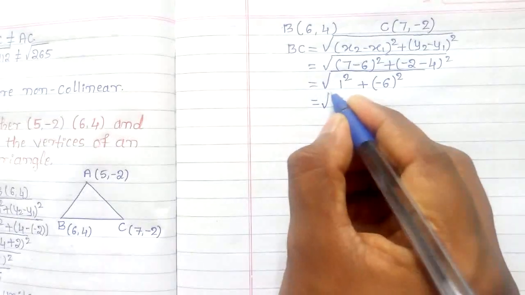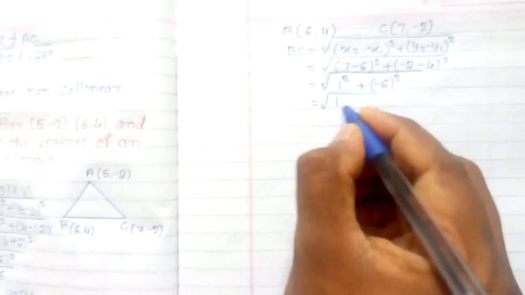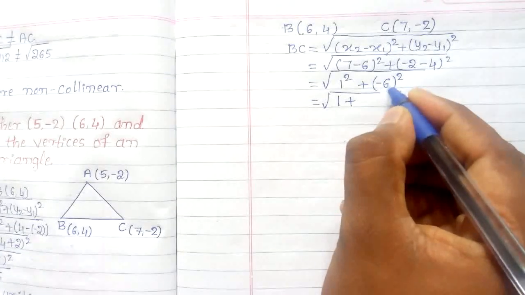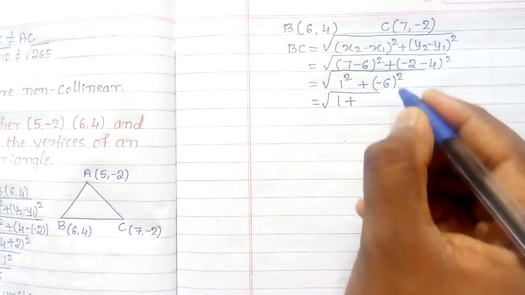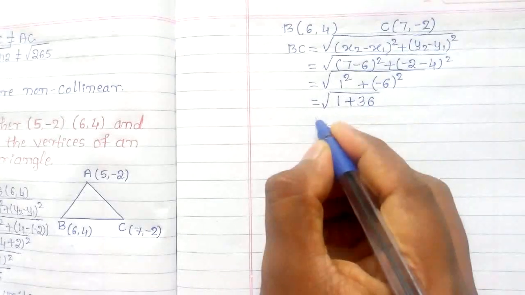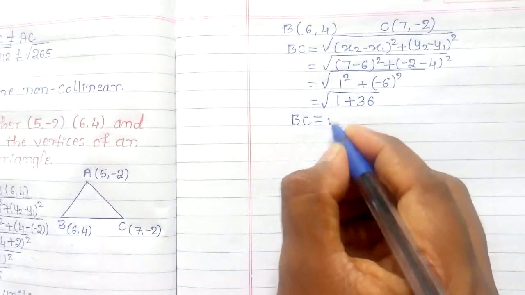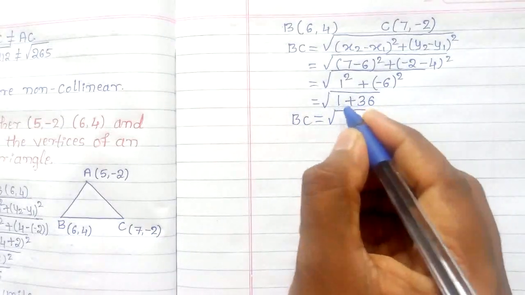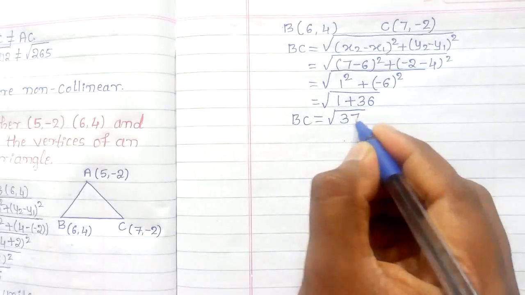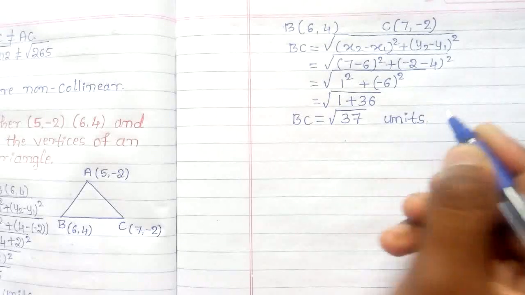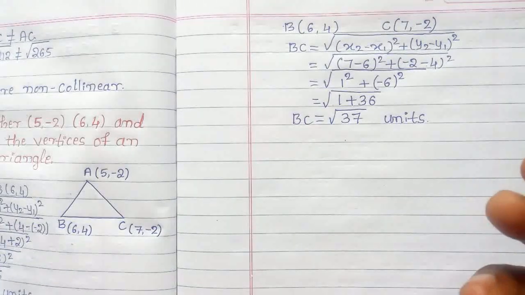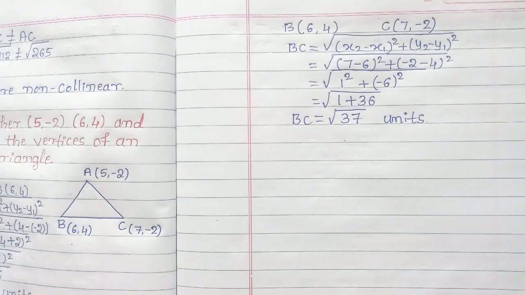Then square root of 1 square is 1 plus minus 6 square, minus into minus is plus, 6 square is 36. Then BC is equal to square root of 36 plus 1 is 37 units. Now we know the distance of AB and the distance of BC.